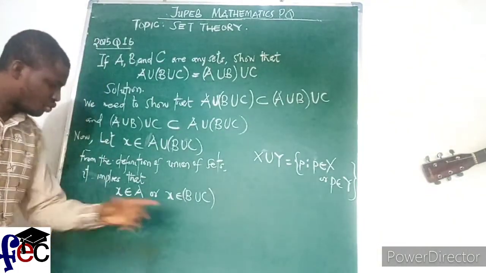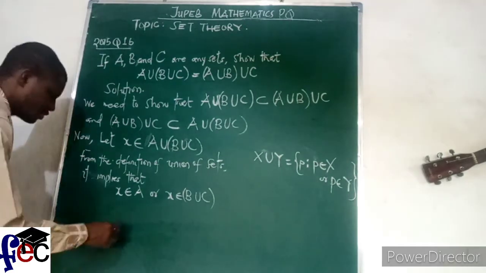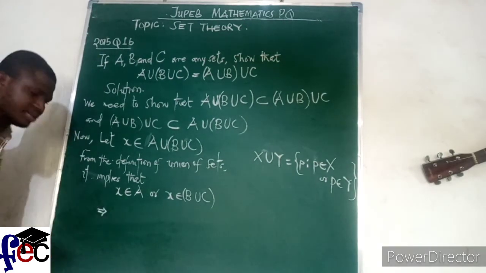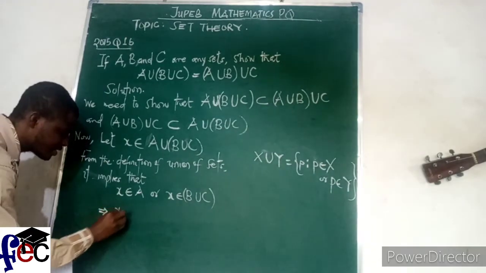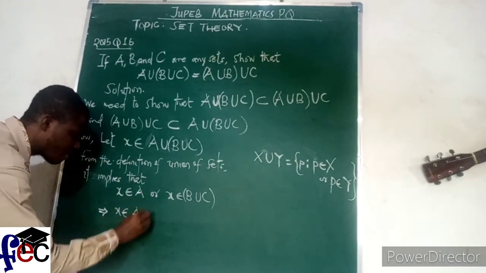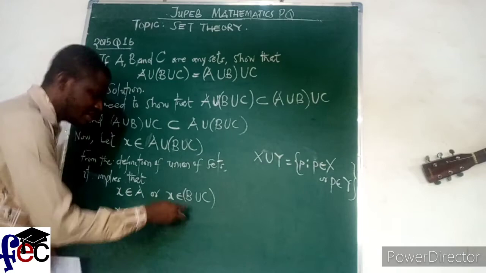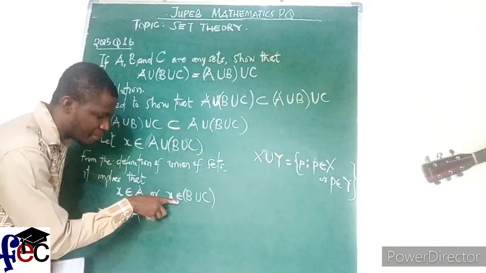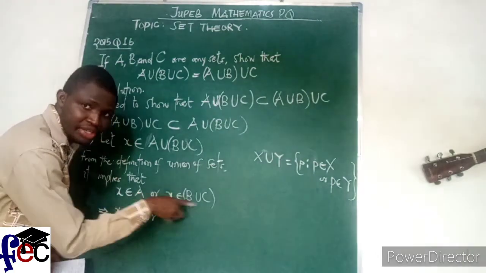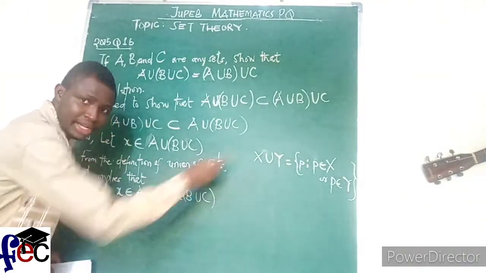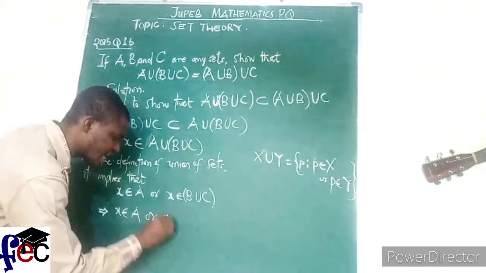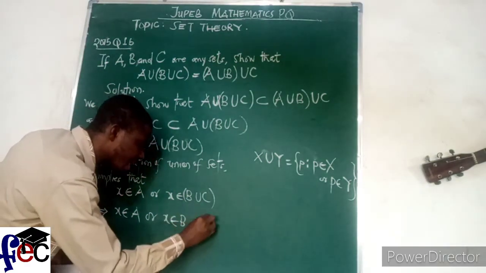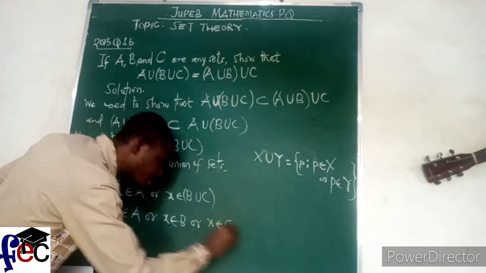Now I will go further. This also implies that X is a member of A, or, I'm still using the definition of a union of two sets, if X is a member of B union C, what does that imply? From our definition, it means that X is a member of B or X is a member of C.